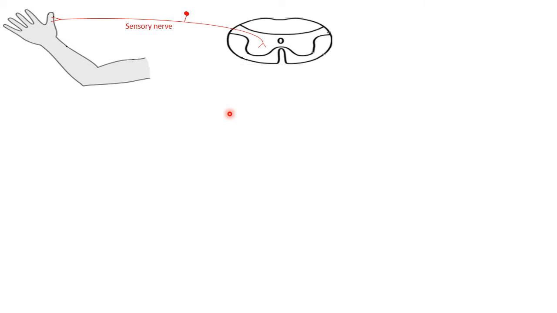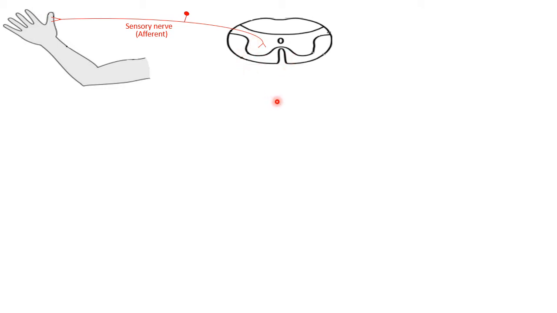This is the nerve that senses that something is being touched by our hand. We also call this sensory nerve the afferent nerve. So this sensory nerve or afferent nerve carries the signal from our hand to our spinal cord.